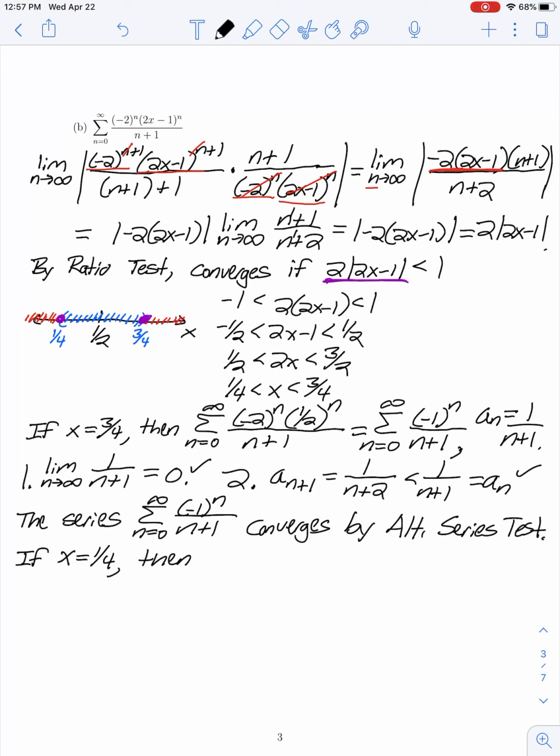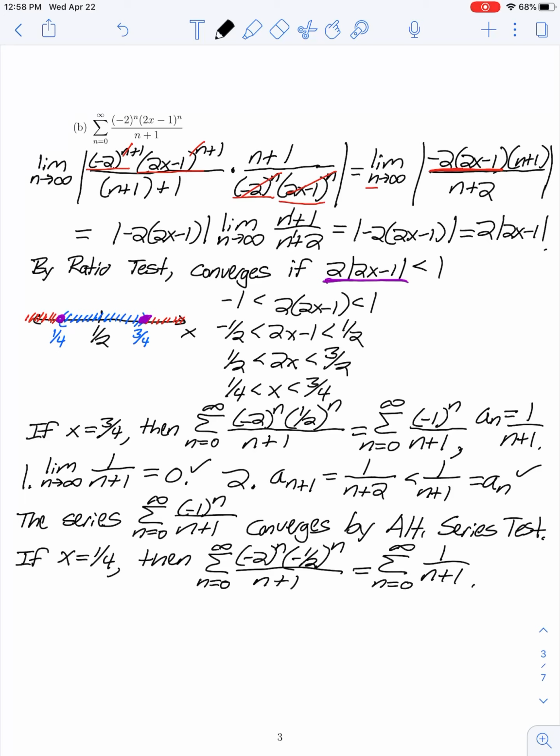So if x is equal to 1/4, then our series is from 0 to infinity of negative 2 to the n times (2x minus 1) to the nth, which is 1 half minus 1, so negative 1 half to the nth, all over n plus 1.